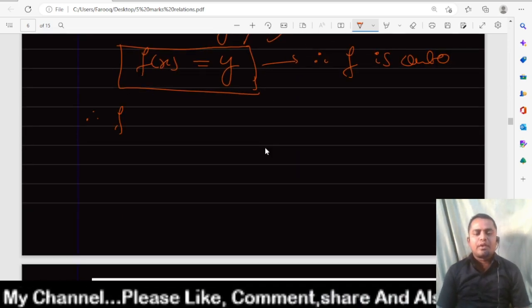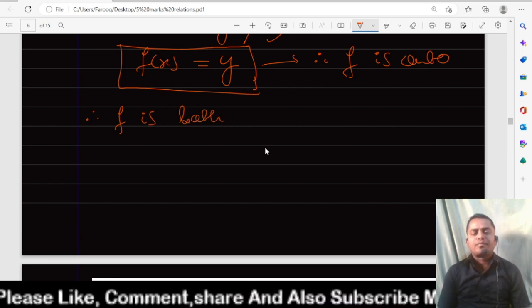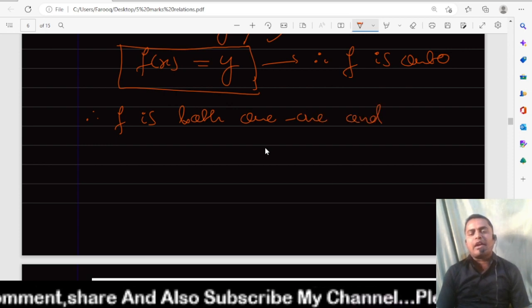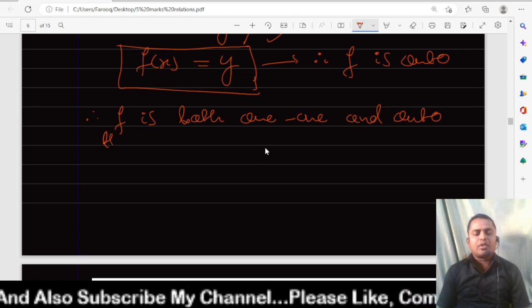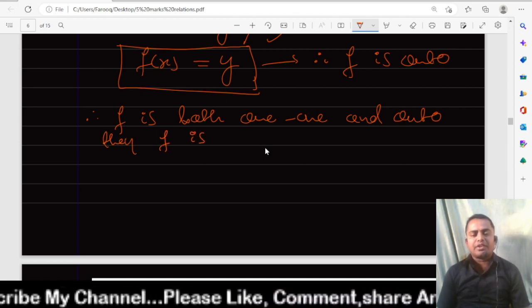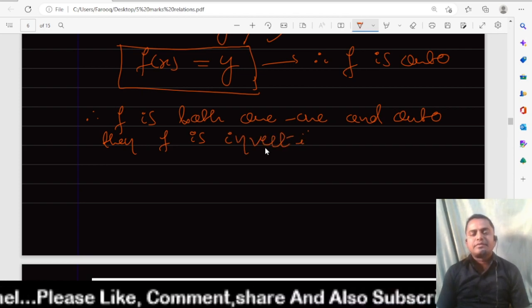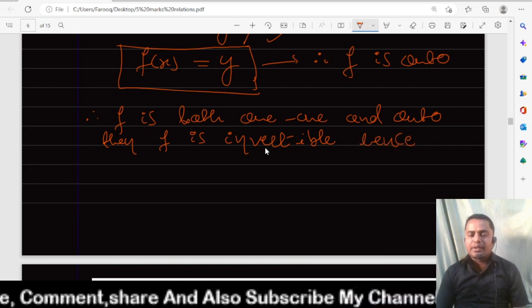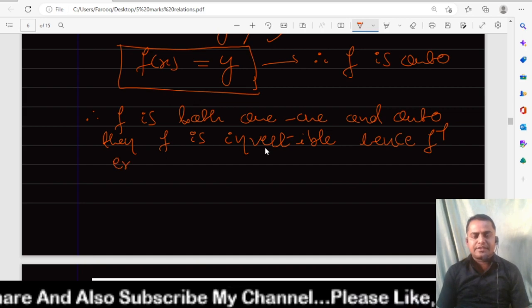Therefore, f is both one-one and onto. Then f is said to be invertible. Hence, f inverse exists.